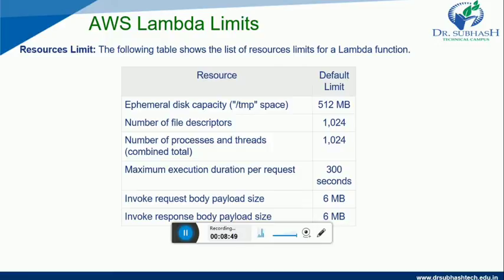The number of processes and threads is the same, 1024. Maximum execution duration per request is 300 seconds. Invoke request body payload size is 6 MB. Similarly, invoke response body payload size is also 6 MB. So this is the resource limit of AWS Lambda function.